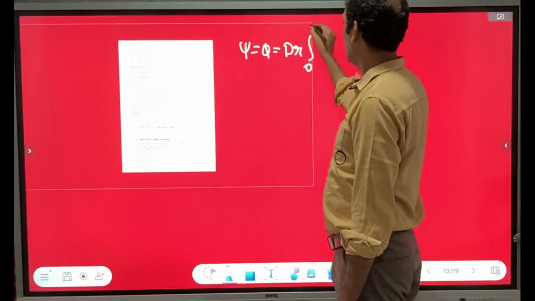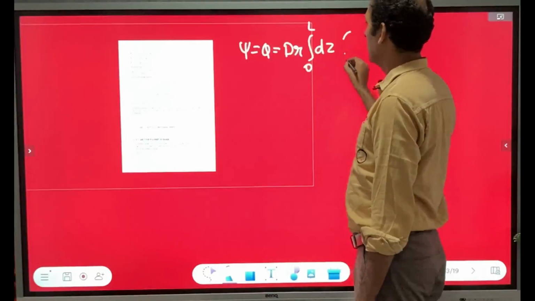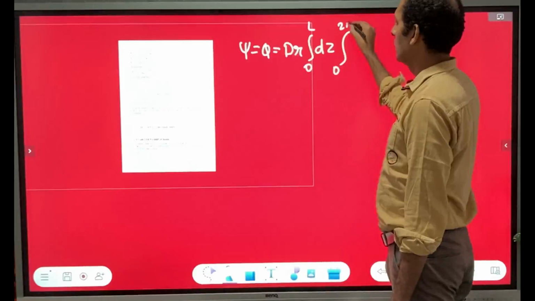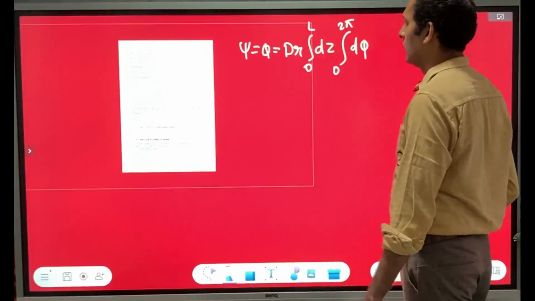First we'll put limits 0 to L for dz, and second limits 0 to 2 pi for d phi.